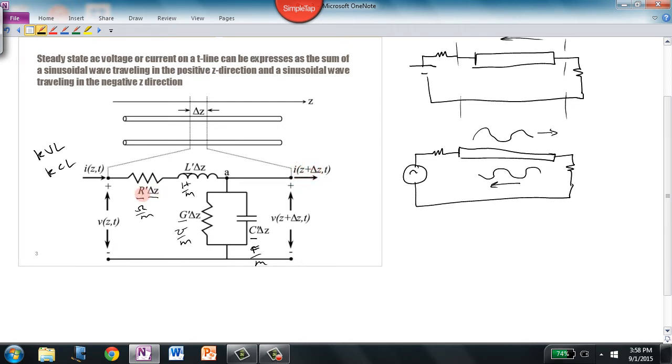Again, the total resistance, inductance, capacitance, and conductance are calculated by multiplying the distributed parameters by the differential length, delta Z.